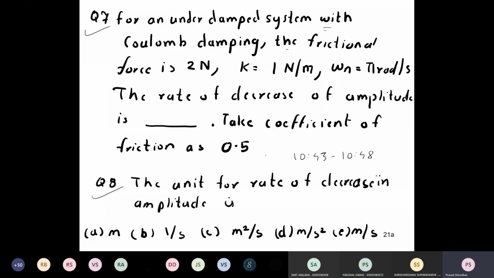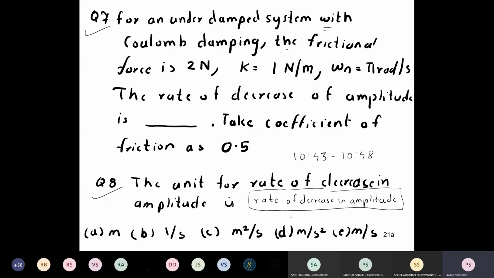It is the rate of decrease in amplitude. Is it clear now? Yes, sir. Okay.